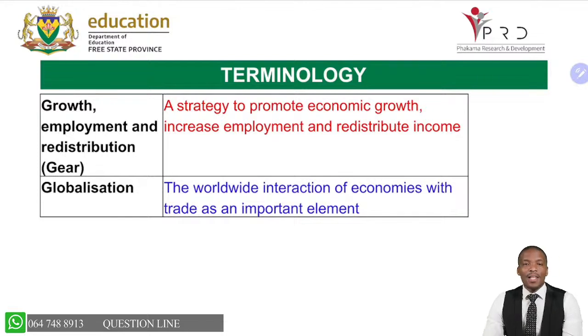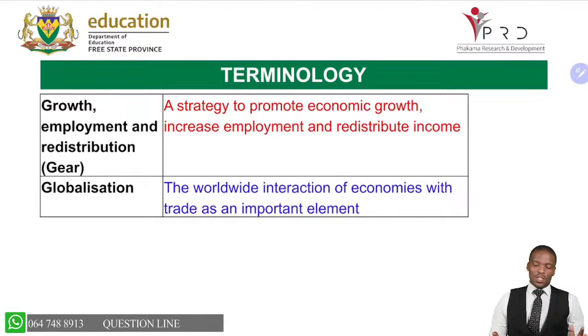So if you look at the terminology, it is called growth, employment, and redistribution. In short, it is called GEAR. The strategy is there to promote economic growth, increase employment, as well as redistribution of income.